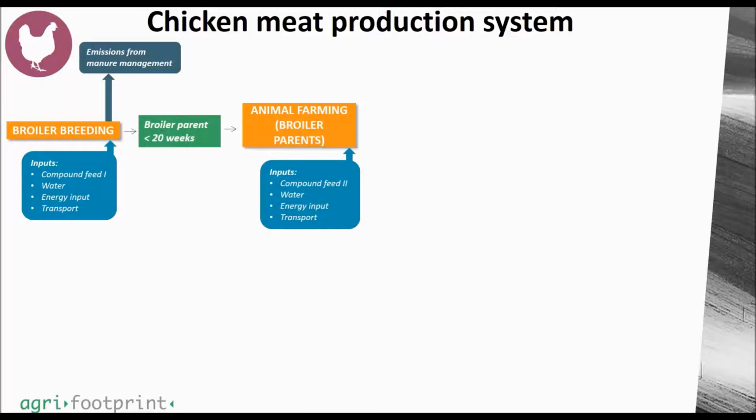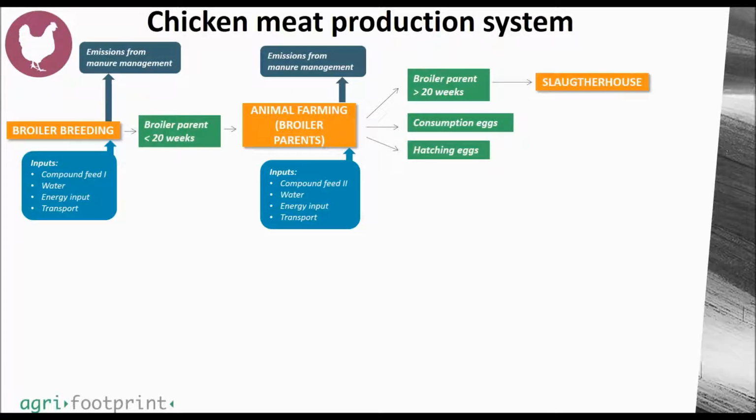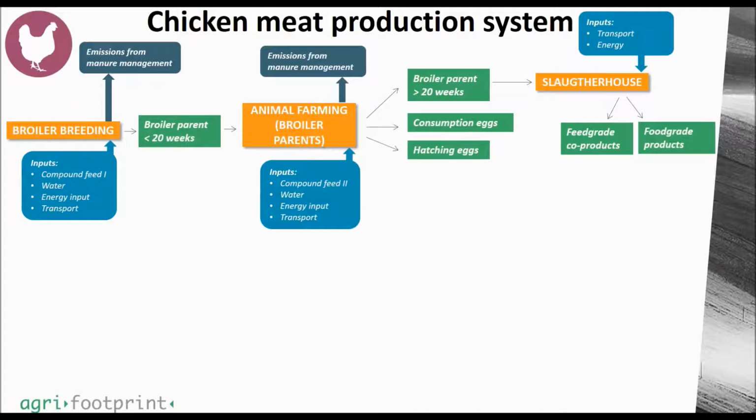There again, several inputs and emissions due to manure are inventoried. And in this second stage, broiler parents are reared and they start to produce broiler parents older than 2 weeks, as well as consumption eggs and hatching eggs. After the production period, the broiler parents are slaughtered, and at the slaughterhouse we have again some inputs and the production of several byproducts and main products.